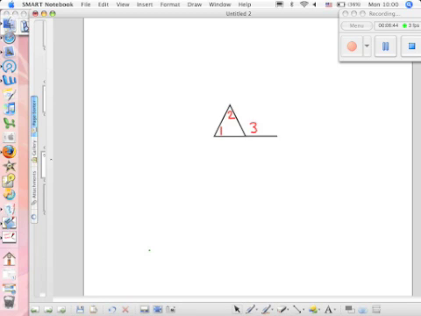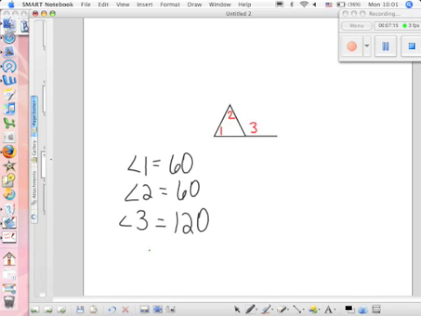That all the sides are equal and all the angles are equal. So if I said this is regular, could you find the measures of angle 1, 2, and 3? 60, 60, 120. Angle 1 would have a measure of 60 degrees. Angle 2 would have a measure of 60 degrees. And since angle 3 is the exterior angle, it's equal to the sum of 60 plus 60. So angle 3 would have a measure of 120 degrees. Okay?